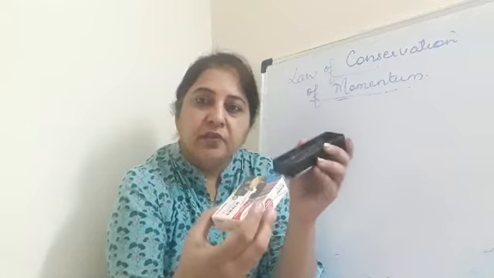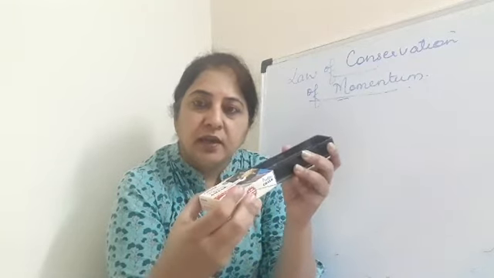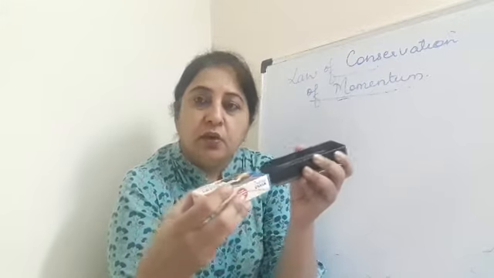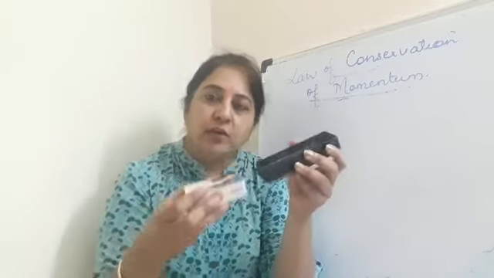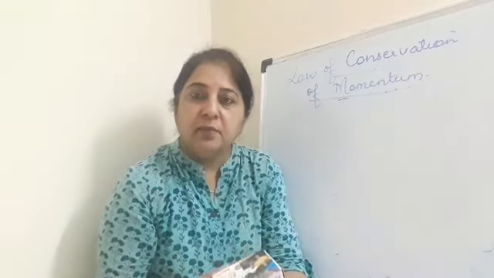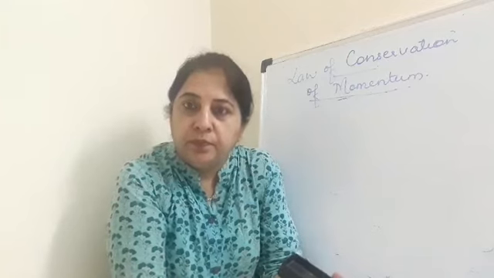So the law of conservation of momentum says that when two objects collide or interact with each other, the total momentum before the interaction and the total momentum after the interaction is equal.